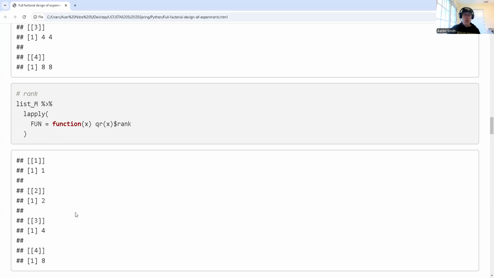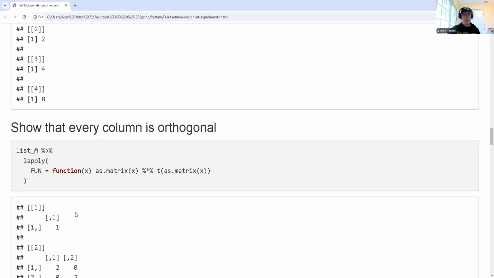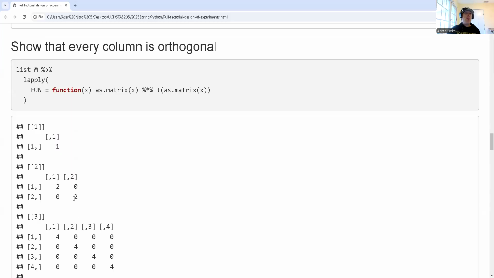That's definitely important. Now let's go through and show that every column is orthogonal. So here we have orthogonal matrices as if I take a matrix, multiply by its transpose, since we're dealing strictly with real numbers, I'm going to end up getting a diagonal matrix. Now, it's not orthonormal.